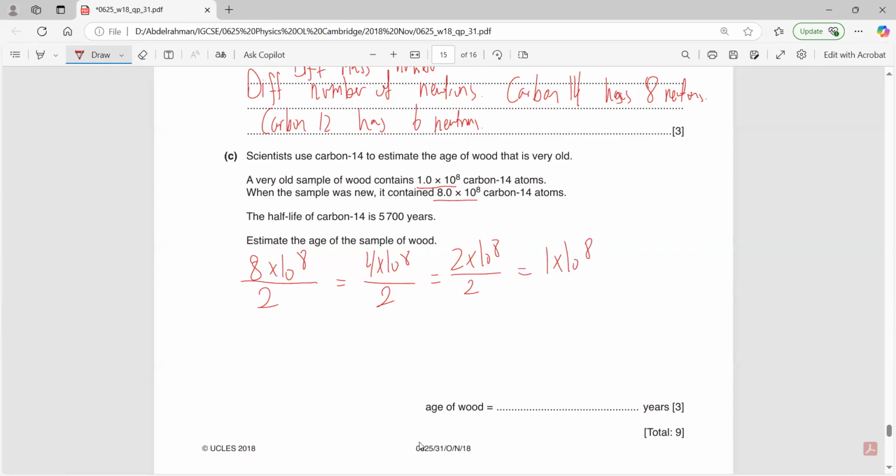So we have reached the final number, 1 times 10 to the power of 8. Initially 8 times 10 to the power of 8, and finally 1 times 10 to the power of 8. How many half-lives happened? 1, 2, 3.